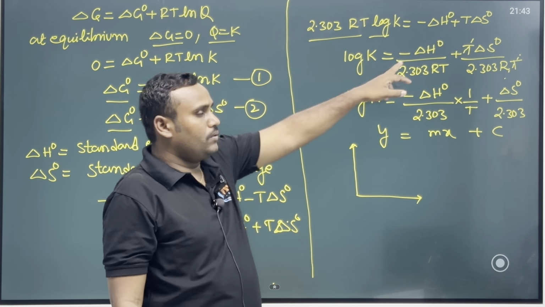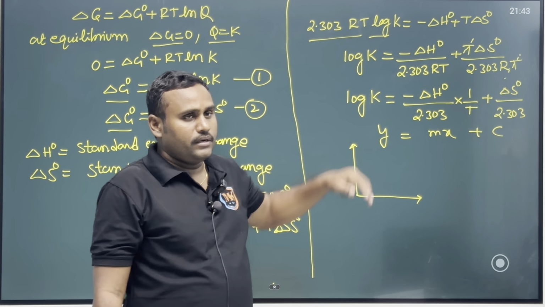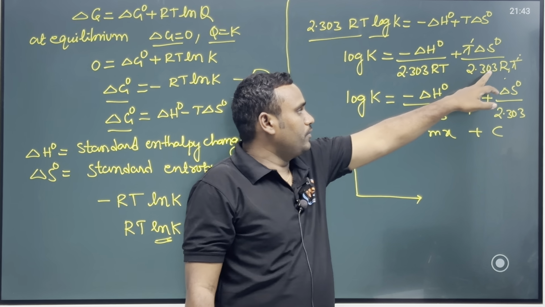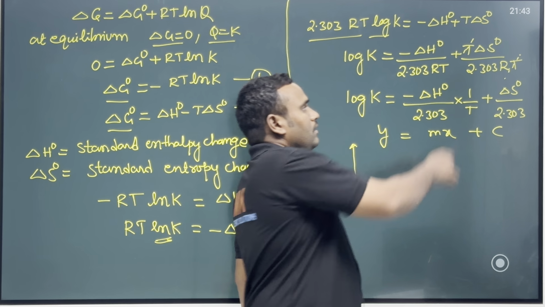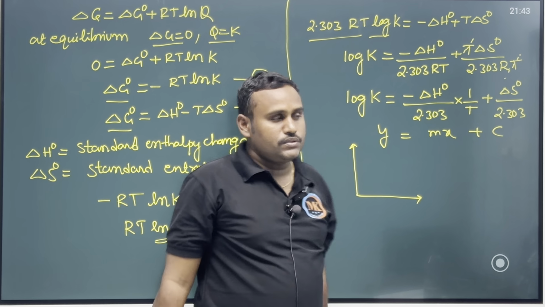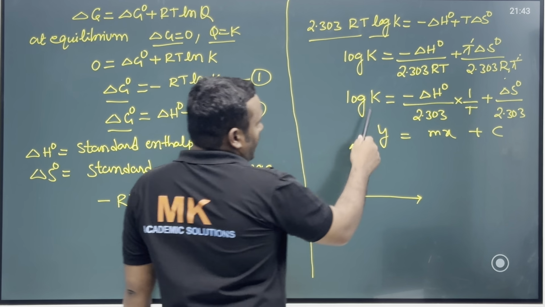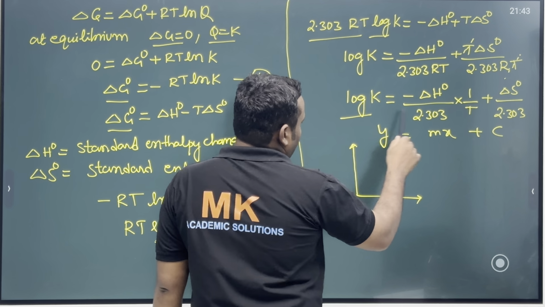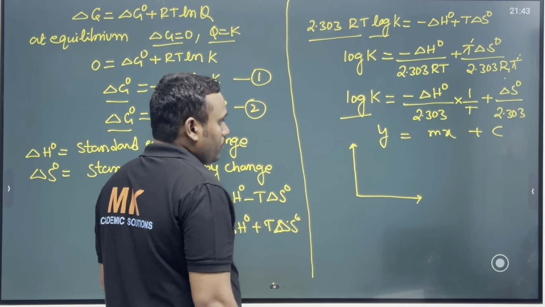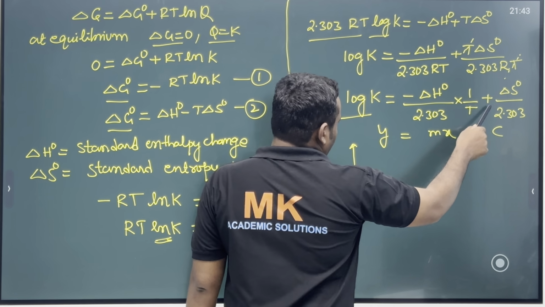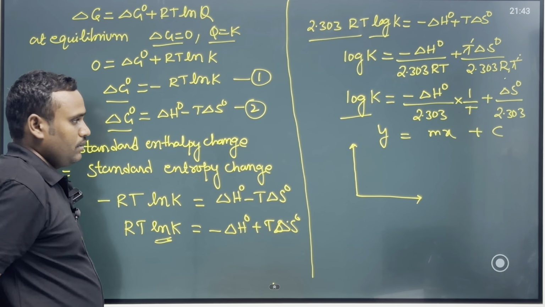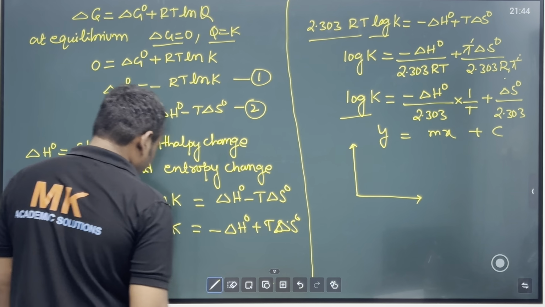Log K is equal to minus delta H naught by 2.303 RT plus T delta S naught by 2.303 RT. Here T will get cancelled, and delta S naught by 2.303 R will remain. Now I am converting it as log K is equal to minus delta H naught by 2.303 R into 1 by T plus delta S naught by 2.303 R.